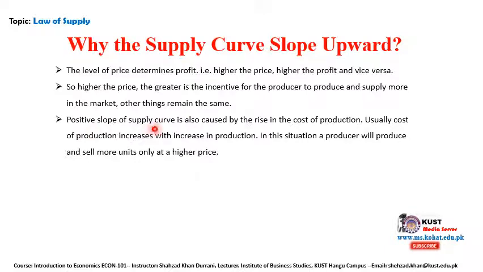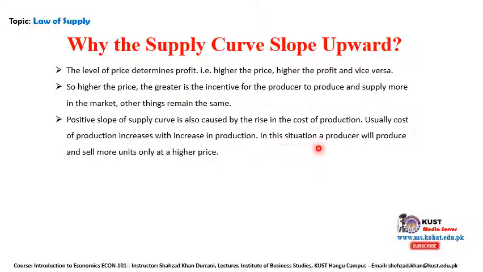The positive slope of the supply curve is also caused by the rise in cost of production. A rise in cost of production occurs when there is an increase in production. Usually the cost of production increases with an increase in production.